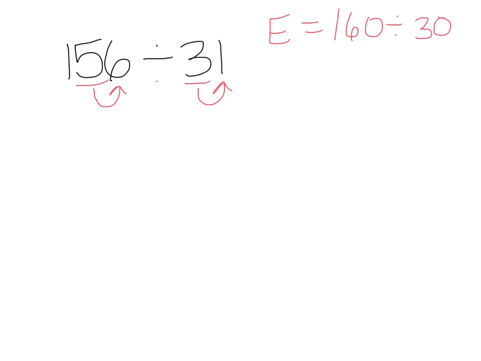But that is not going to divide in well, because 16 doesn't get divided by 3. There's no even number. So that's where we have to think that compatible numbers is going to work better for us.